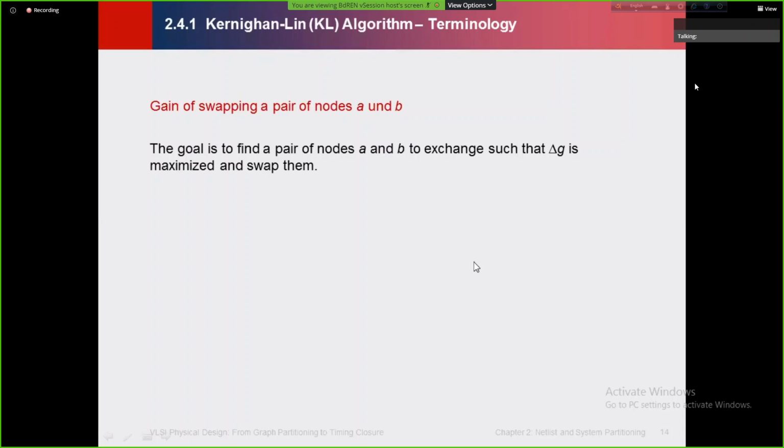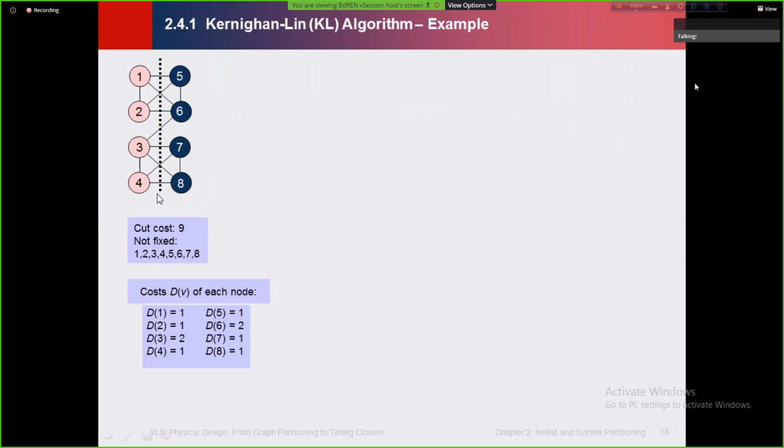I already calculated that. And now we calculate the cost for each of the nodes. For node 1, 2 minus 1 will be 1. Number 2, this one is cut, this one is cut, and this one is uncut: 2 cut minus 1 uncut, that will be 1. Number 3 is already done: 3 cut minus 1 uncut, so that will be 2.